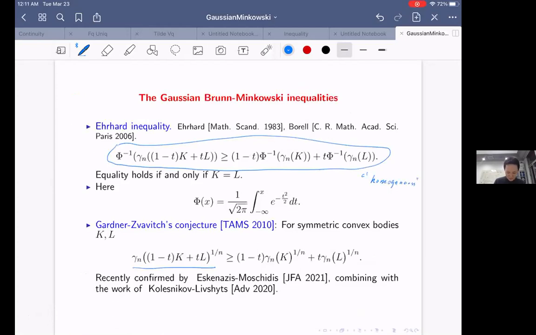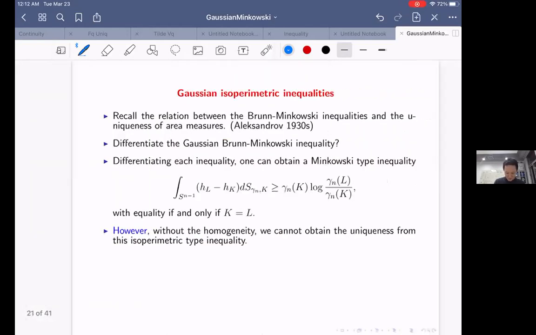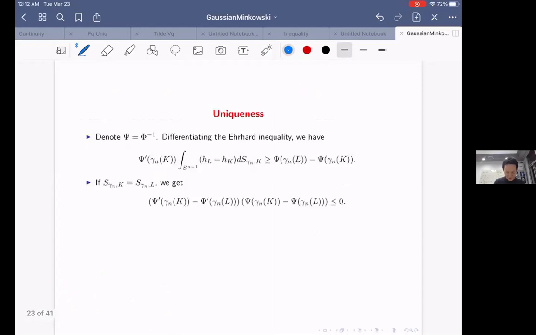Why do we say this? Because of phi inverse, where gamma n is the Gaussian, and phi x is the primitive of the Gaussian, and the phi inverse here looks like homogeneous. So we tried the Ehrhard inequality, and it's very lucky that after some computation, we have this one. If K and L have the same measure, we have an inequality written in this form.